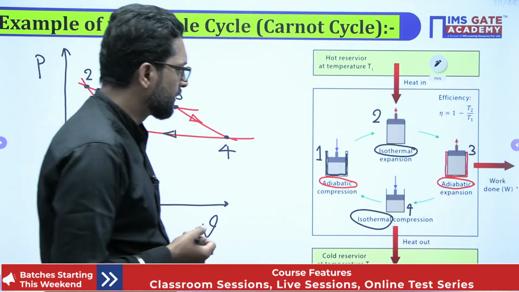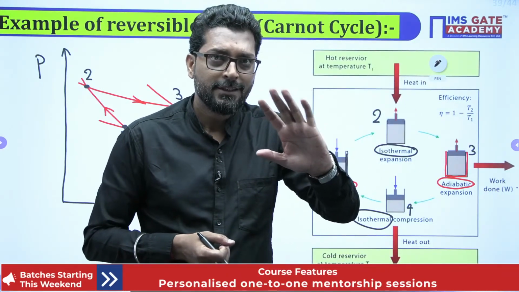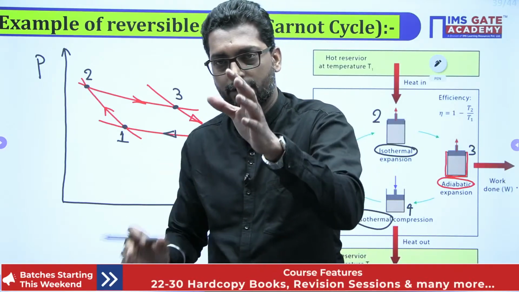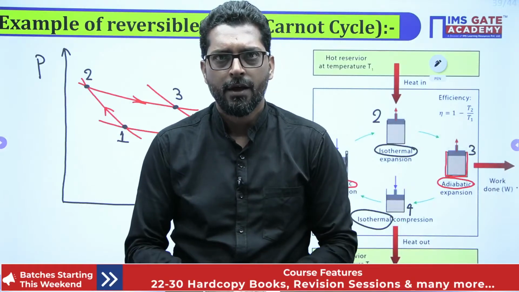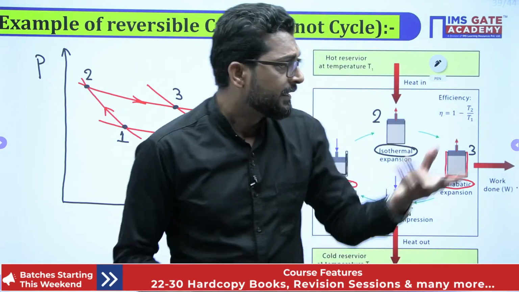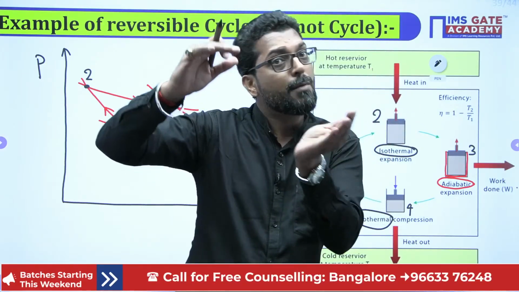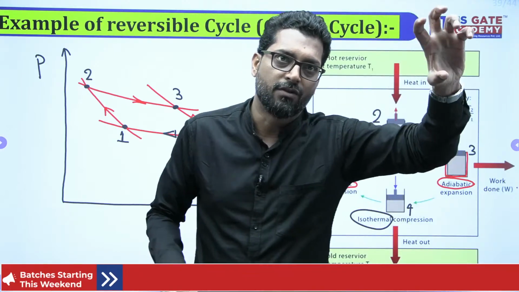Why did we study this yesterday? Yes, very good question. See, it is not a practical cycle. The answer to this question has many different aspects. The simple way is that this is the hypothetical cycle, so you can achieve the maximum efficiency. Number one.